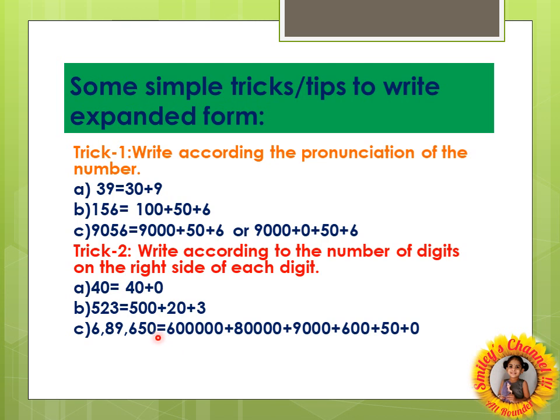See 0. After 0 we don't have any number, so we are not writing anything. So in between, if you get 0 also it is fine, children. Directly you write 0 in that particular position. Need not worry about anything. So I hope you understood the concept well.